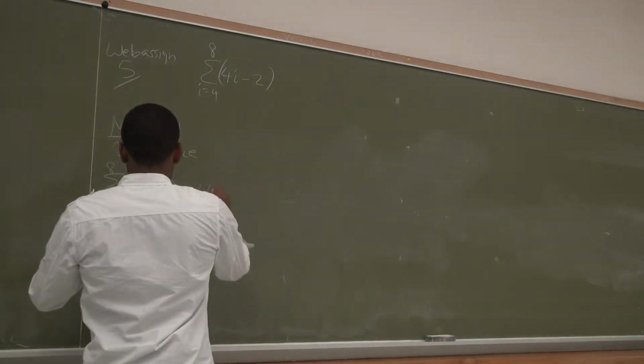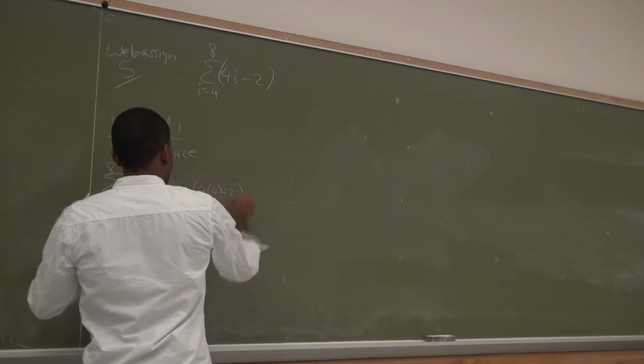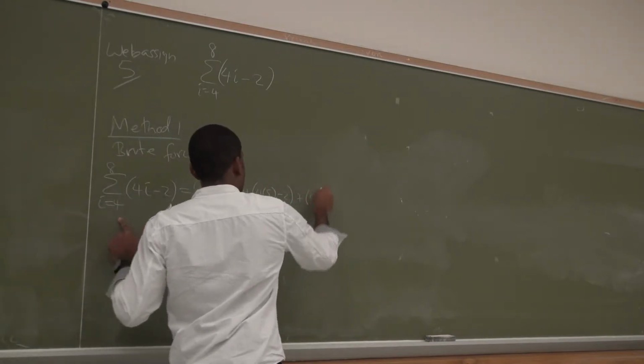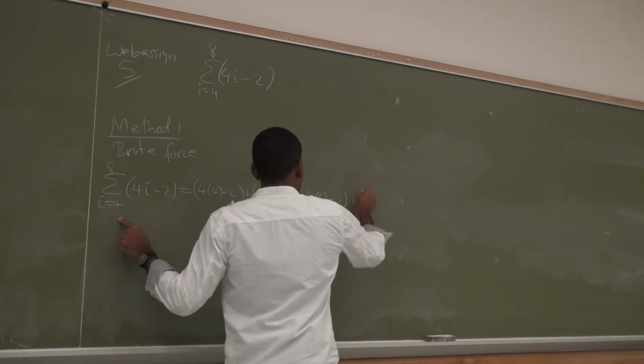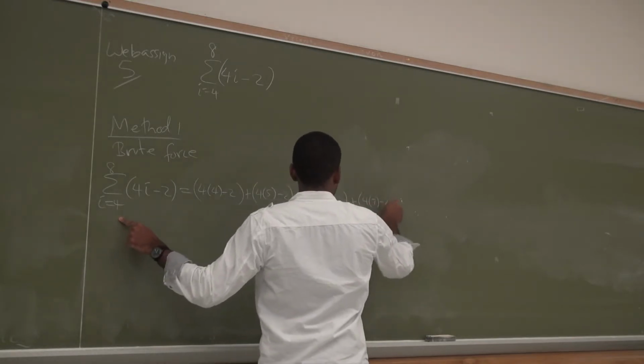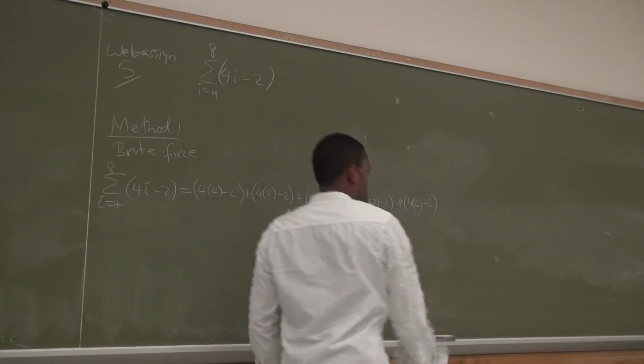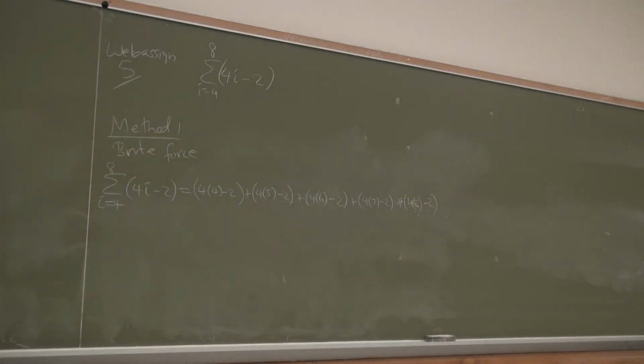So it's 4 times 4 minus 2, plus 4 times 5 minus 2, plus 4 times 6 minus 2, plus 4 times 7 minus 2, plus 4 times 8 minus 2. And you just compute the answer that way. But of course, if these numbers had a huge gap between them, like 4 to 500, then you wouldn't want to do it this way.